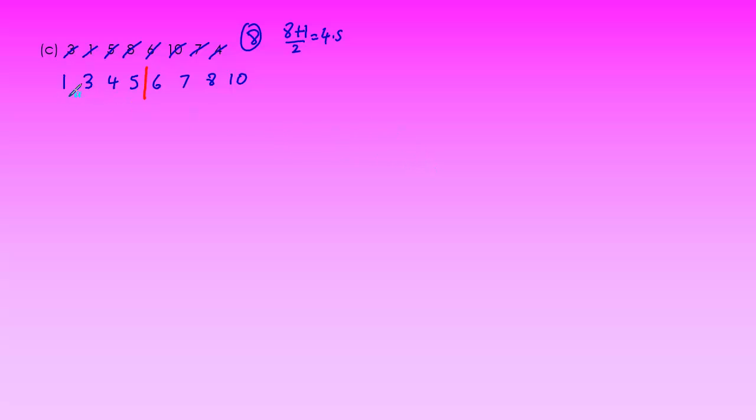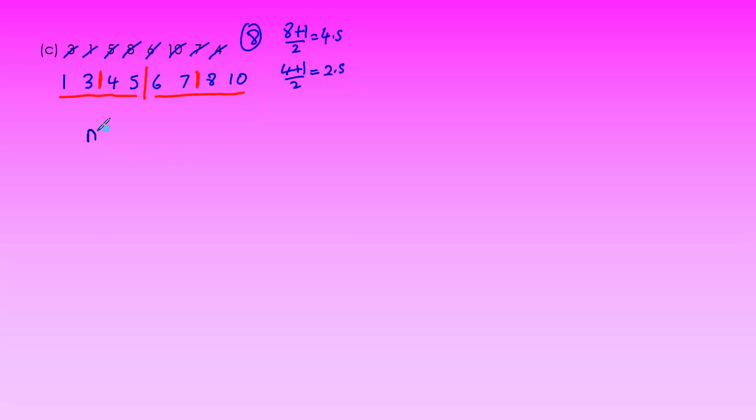Then we have a sublist of length 4. So if we do 4 add 1 divided by 2, that gives us 2.5. So the lower quartile is going to be halfway between the 2nd and 3rd, and for this sublist as well, halfway between the 2nd and 3rd in this sublist.